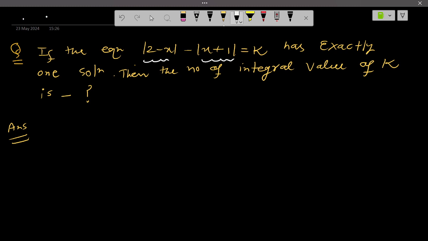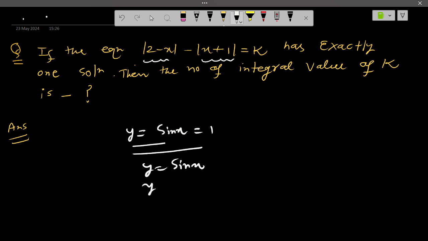We will come to that graph very soon, but the idea is you just assume y equals sin x, and then it equals the given y equals 1, and from here you have two equations. y equals sin x is one equation, another equation is y equals 1. You just try to solve these two, and the number of intersection points is nothing but your solutions. So that's the whole idea.